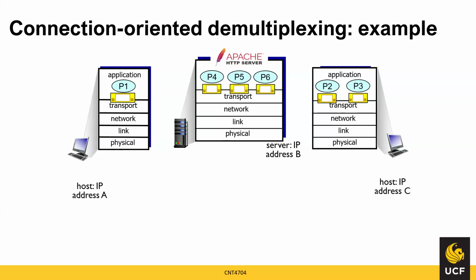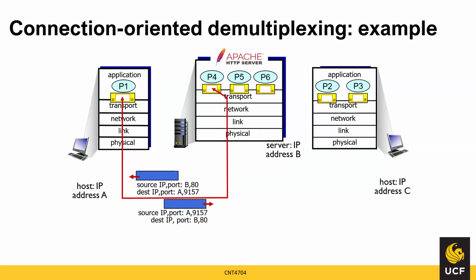The IP addresses here would be replaced with specific IP addresses, but host A would use the address A, and host C would have a specific IP address as well. We want to focus on the communication that would happen here.